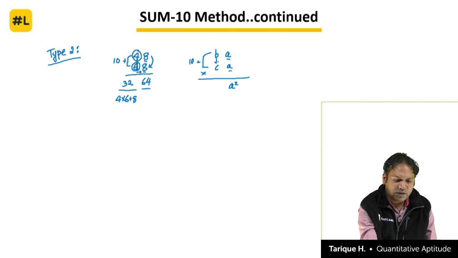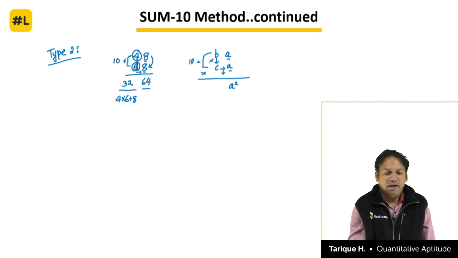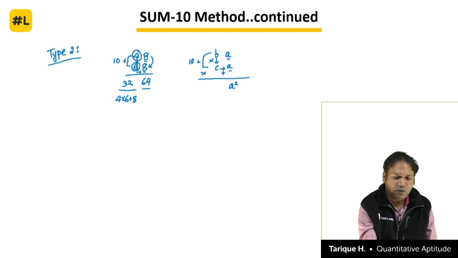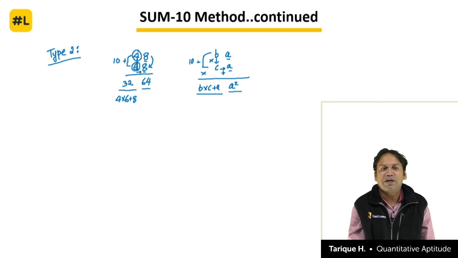B into C. Please understand here, B into C plus A. So these are the two parts here. One is A square and the other one is B into C plus A.